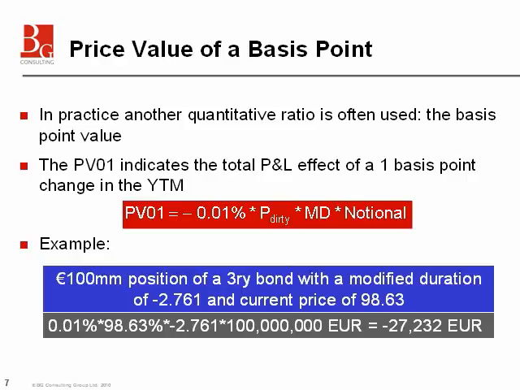To get the answer, we simply have to multiply the change in yield, in this case 1 basis point, by the current market price of 98.63, multiplied by the modified duration of minus 2.761, multiplied by the face value of 100 million euros. Therefore, for a small upward change in yield of 1 basis point, the bond will lose an equivalent of 27,232 euros.